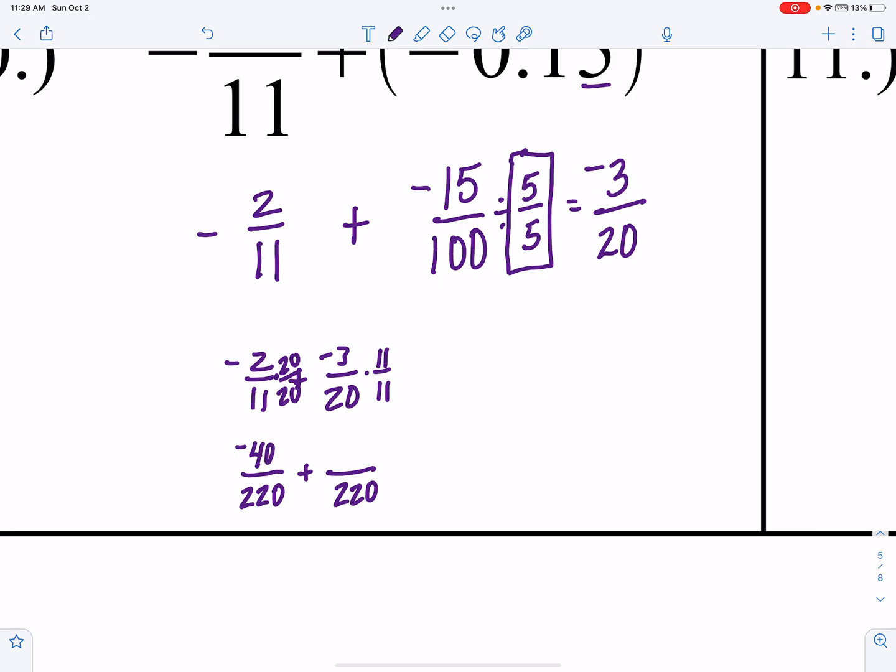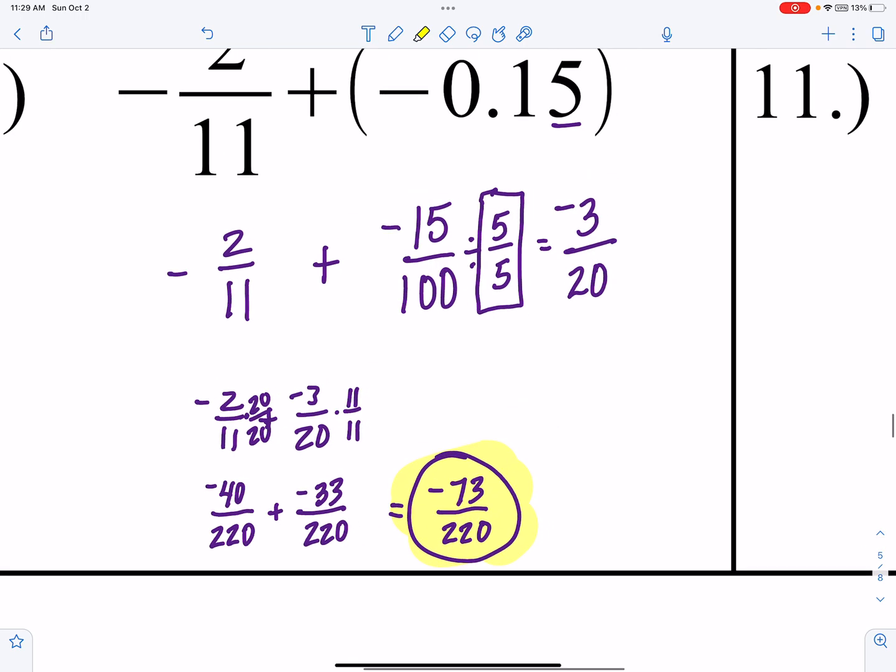It's still negative. 11 times 3 is 33, and that's still negative as well. So now we have our new problem. Sing your song, same signs, add and keep. So 40 plus 33: 50, 60, 73. Keep the signs, and you are left with -73/220.